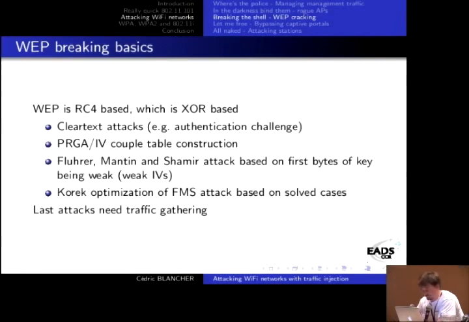Because when manufacturers saw that there were weak IVs, they said, okay, we will remove all weak IVs from our driver, and then because our access point or driver does not generate weak IVs, that's cool. But with correct optimization, that's not the case. But all these attacks need to gather traffic. So you have to wait to have all the traffic you need to perform the attack successfully.